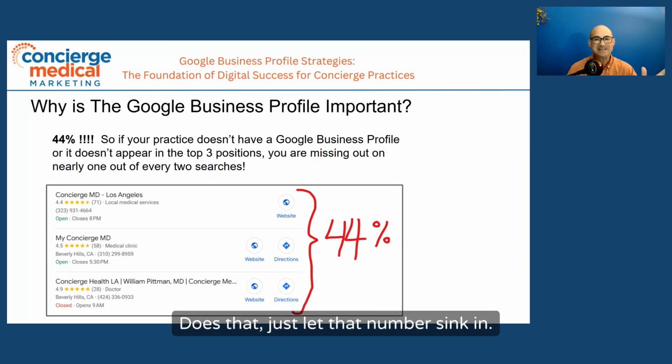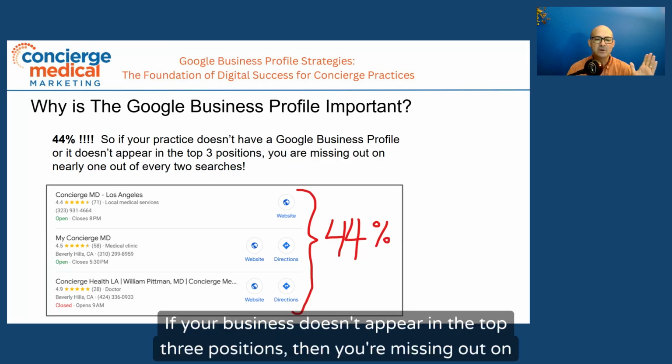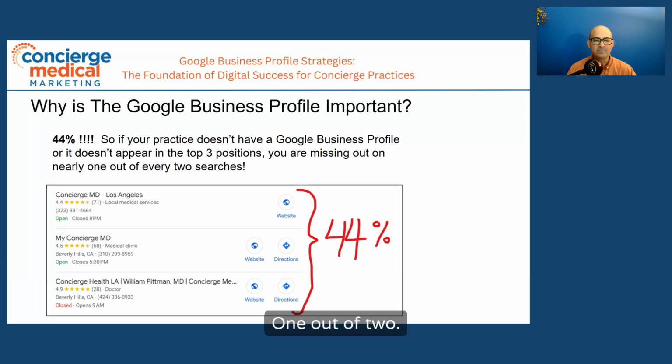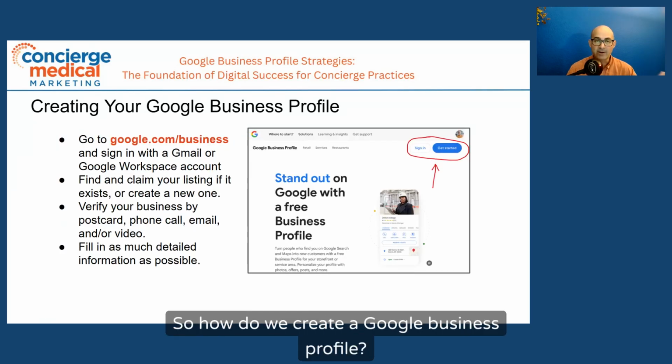Just let that number sink in. That is a huge percentage. That means that if your business doesn't appear in the top 3 positions, then you're missing out on nearly 1 out of every 2 clicks to that resulting page. 1 out of 2, okay? It's hugely important.